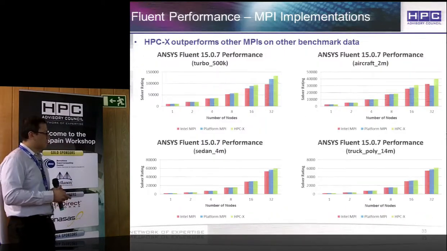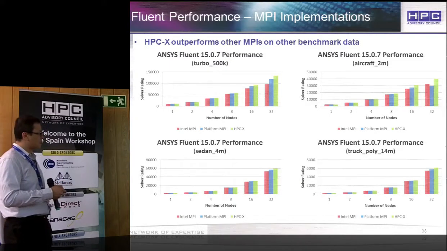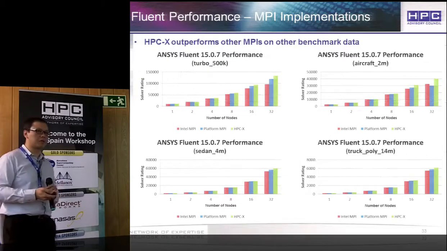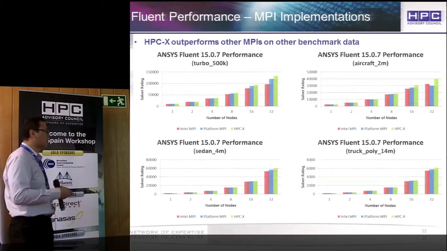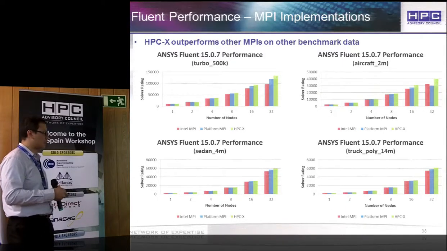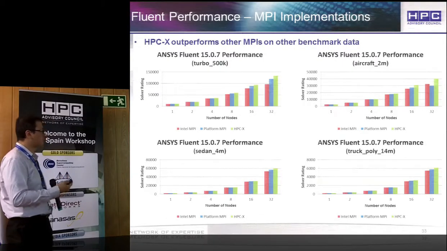So before I go there, this is another comparison among the MPI implementations: HPCX versus Platform, which is a default MPI. We can see that there's some improvement from HPCX versus the rest of them.